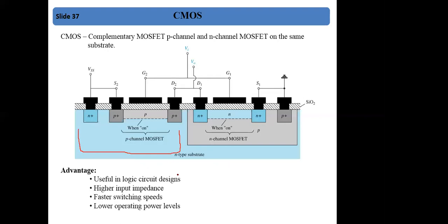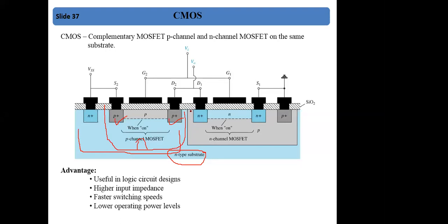To make this CMOS, we first take an N type substrate. With an N type substrate, you can make the P channel MOSFET, because in a P channel MOSFET we need an N type substrate, and then we add P type material, with a channel between these two P type materials.